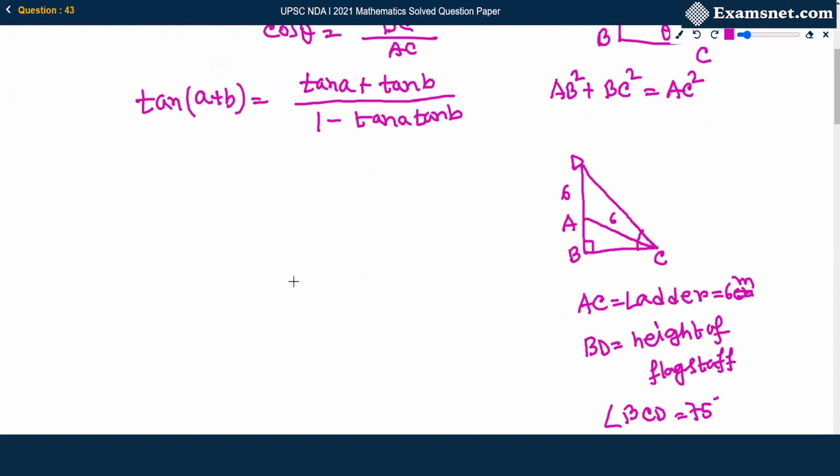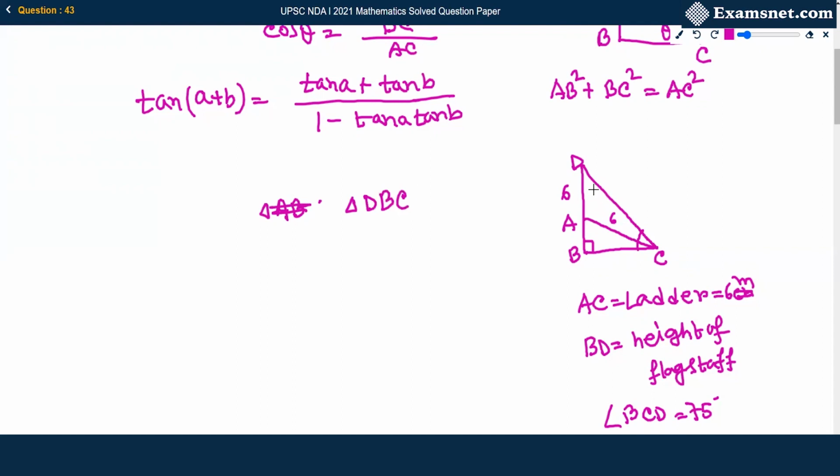Now, from the triangle ABC, or we can consider the triangle DBC. Yes, let's consider the triangle DBC, right?